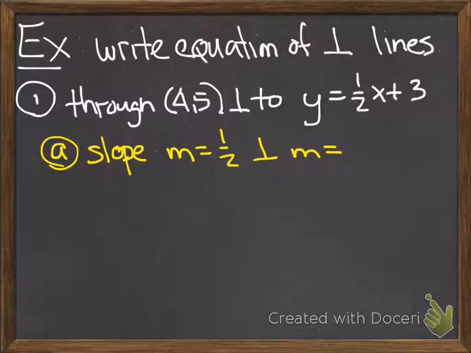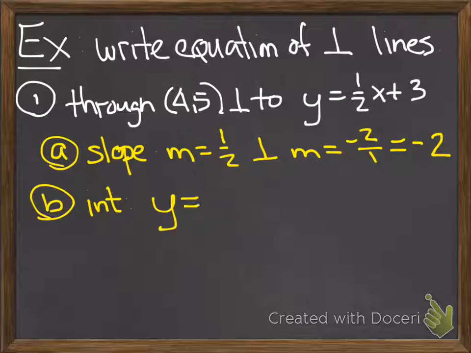That means, what's our perpendicular slope going to be? 2 over 1. And since this was positive, our slope will be negative. Very good. By the way, what is negative 2 divided by 1, class? Negative 2. So we found the slope.